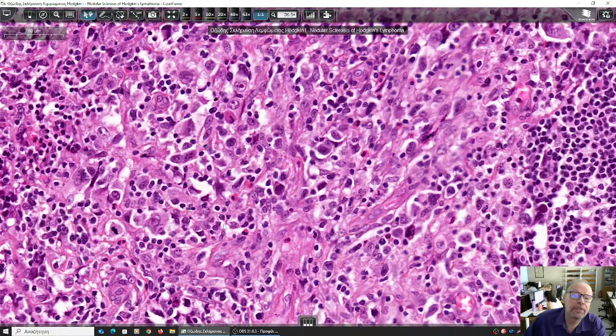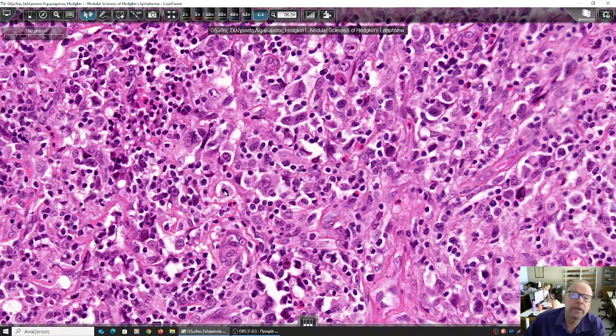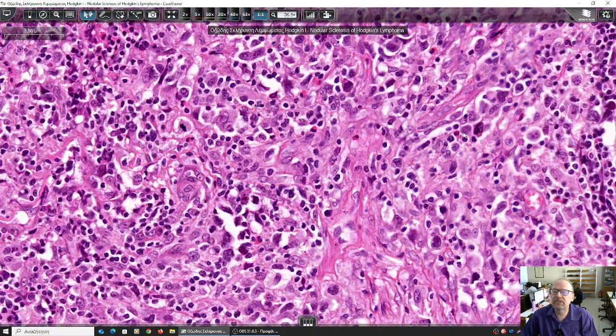Here, you see, it is mitotic, because these are the malignant cells. So when we see such cells, the ones that have two nuclei are the Reed-Sternberg cells. And the ones that have one nucleus are the Hodgkin cells. And in this subtype of classic Hodgkin's lymphoma, the cytoplasm is vacuolated, so these giant cells are known as lacunar cells.